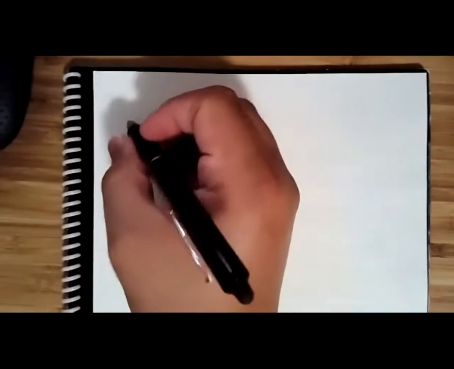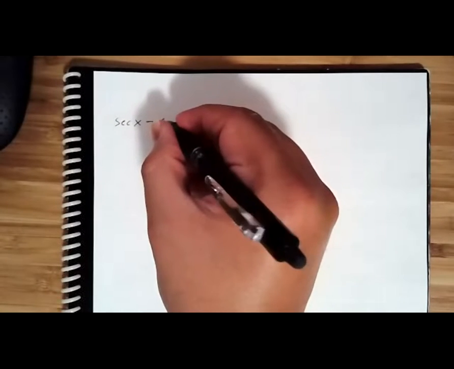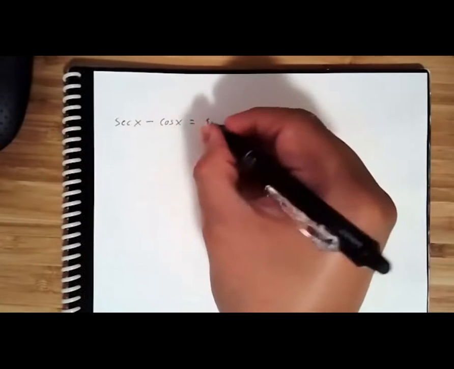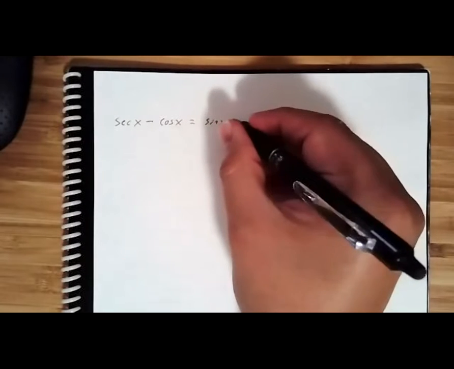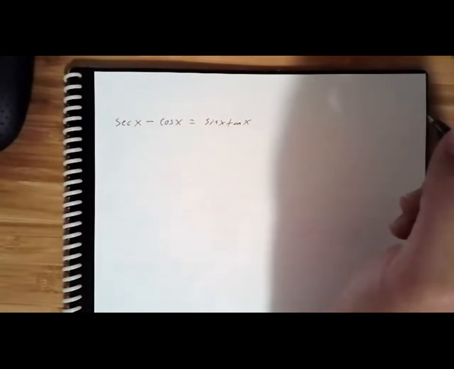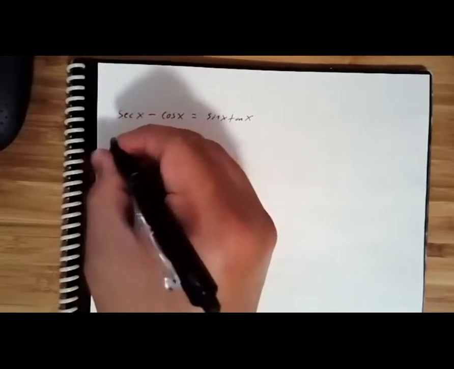I'm working on number 10: secant x minus cosecant, cosine x equals sine x tan x. I've knocked out some parts of it, but not enough to solve it. All right, then I'm going to pick a side. I'm going to start over here.